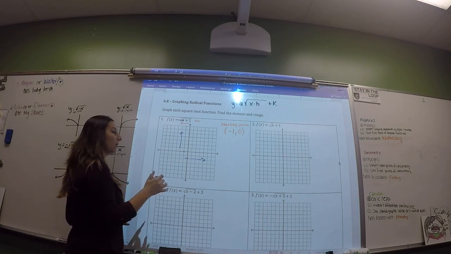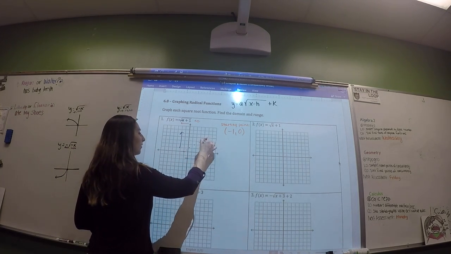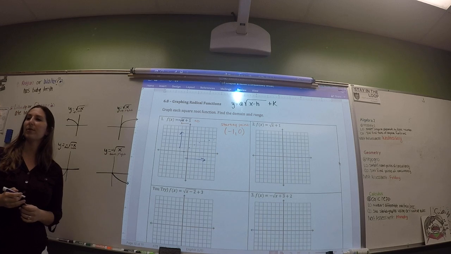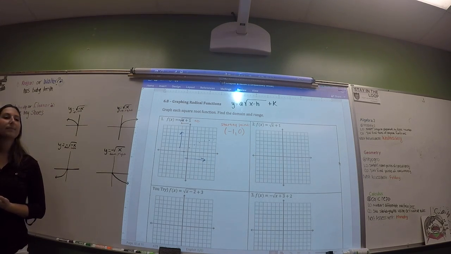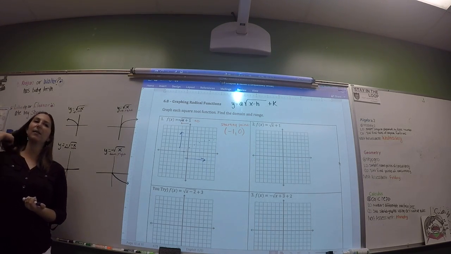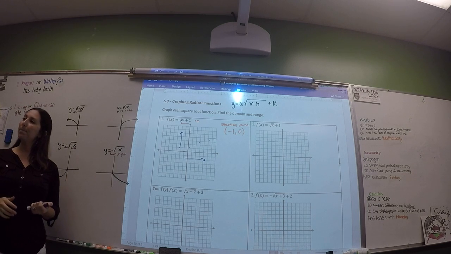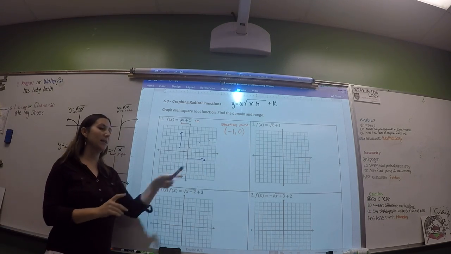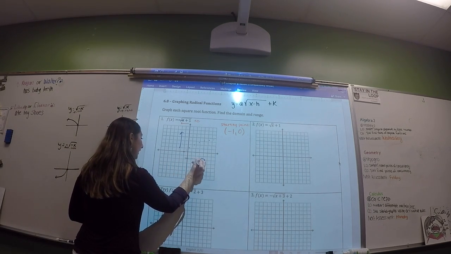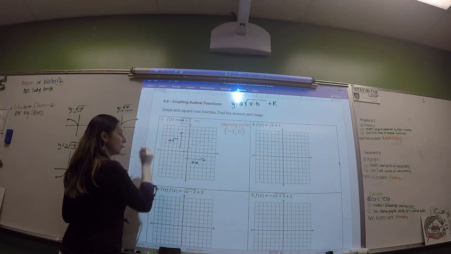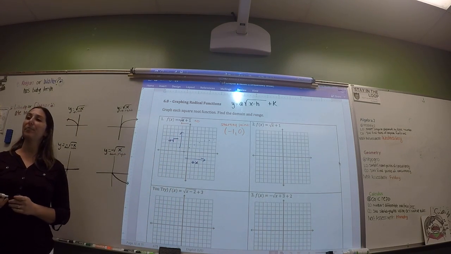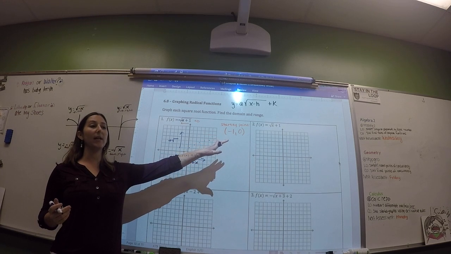So in general, don't draw this. Don't draw the purple stuff, just draw the orange stuff. I mean, you can if you want, but that's not part of the graph. Since the x is positive, that's gonna make it go to the right. And since the square root is positive, that's what's making it go up. So in general, it's gonna curve something like this.